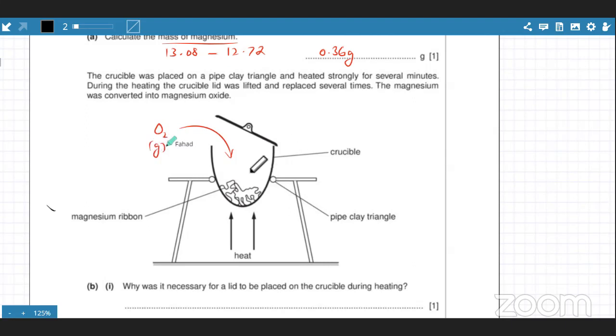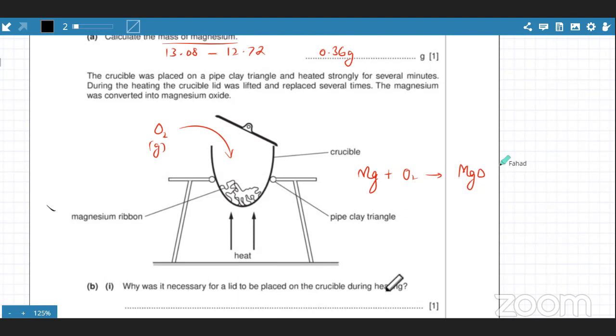That's the only thing it's going to react with. So the reaction is Mg reacting with oxygen to produce magnesium oxide.